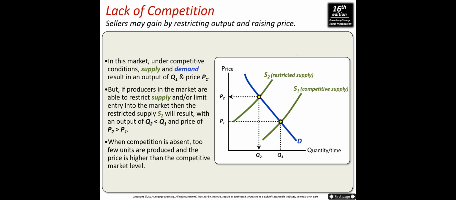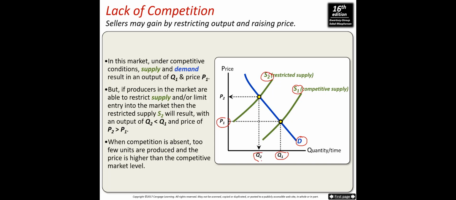Let's see one example. You see on this slide, S1 represents the supply curve with competitive supply. So there is the price P1 and quantity Q1. And if producers in the market are able to restrict supply and/or limit entry of the other firms to the industry, so let's say one company dominates and limits the entering of other firms to the industry, then we will have a restricted supply of S2 curve.